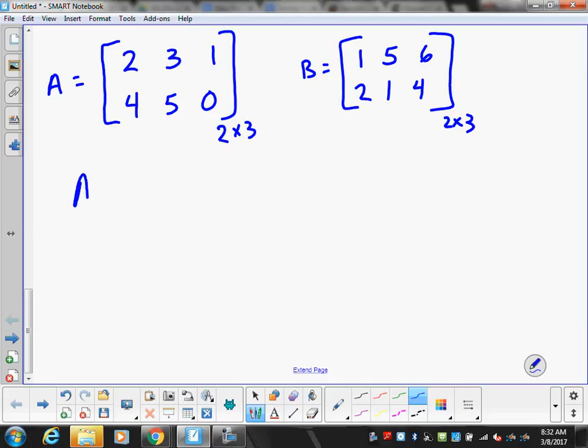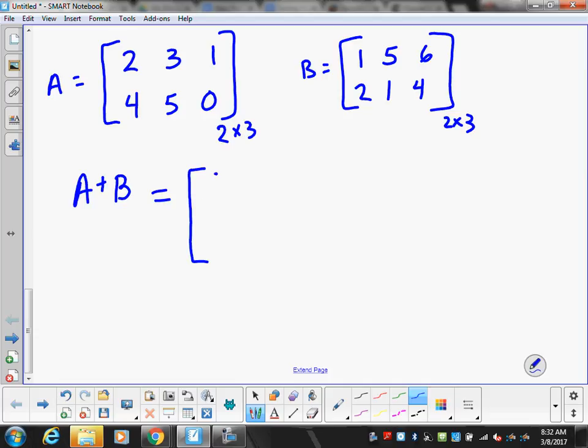So, if I want to add matrix A plus matrix B, the way you add or subtract is you add or subtract the corresponding elements. Okay? So my solution matrix is also going to be a 2 by 3 matrix.